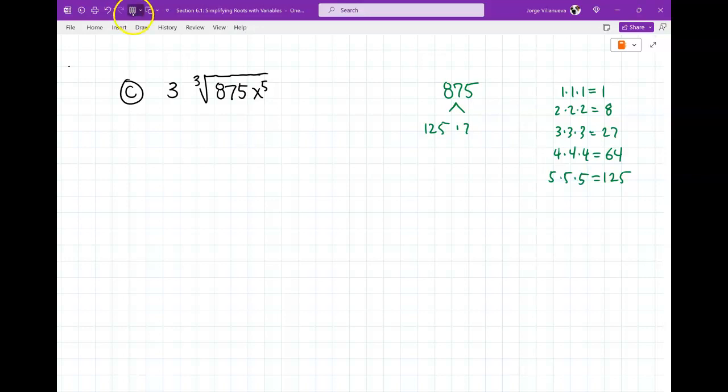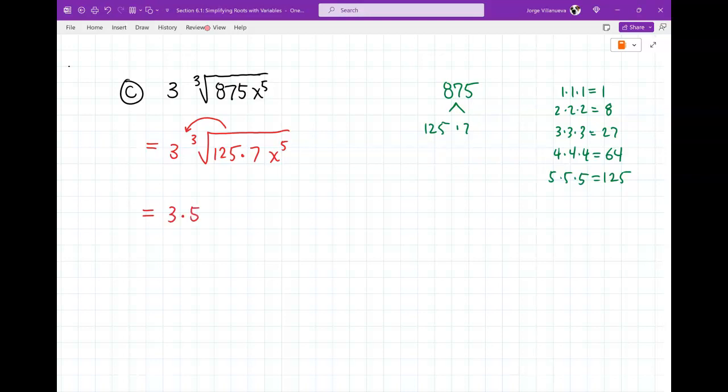Okay? So here we go. Let me write this out. So this is 3 cubed root of 125 times 7, x to the 5th. Now I'll fix the x's right now. The 125 can go out, and it becomes a 5.